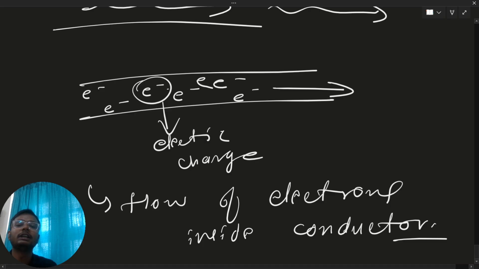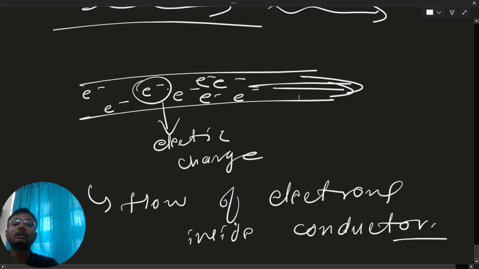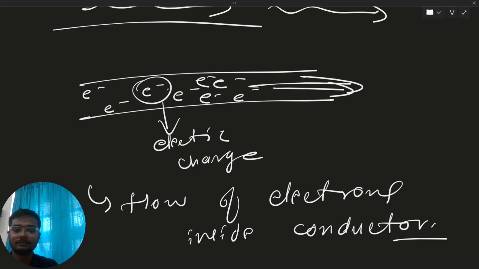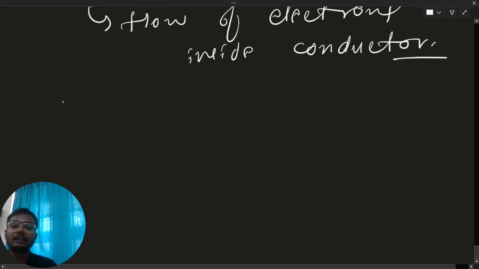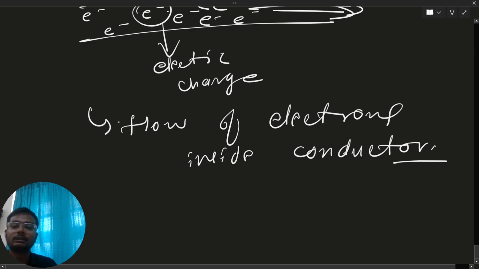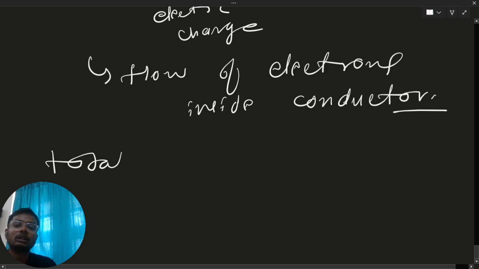Billions of electrons flow through the conductor at a time. Now, when there is a lot of electric current, for sure there will be a total charge associated with it.